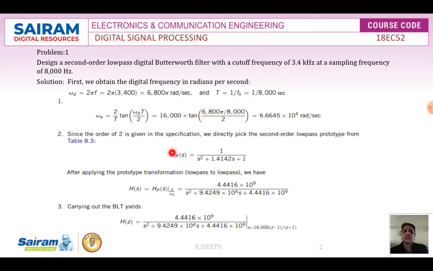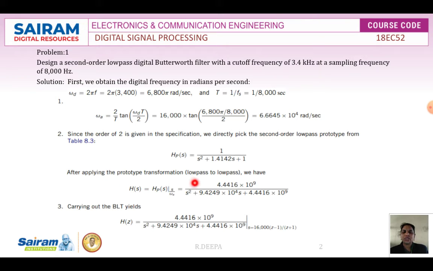This is taken from the tabular column where you have the list of values of n. For each value of n, there is a Butterworth polynomial. So for n is equal to 2, this is the Butterworth polynomial. Directly we have written it here, and you can even keep in memory all these Butterworth filter polynomials for different values of n.